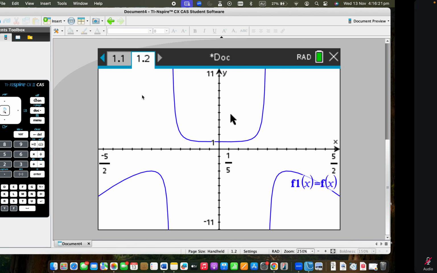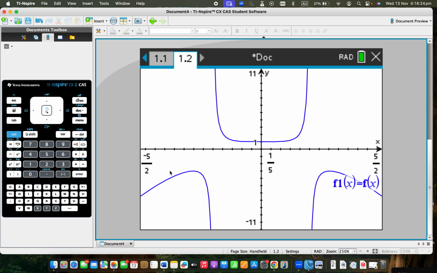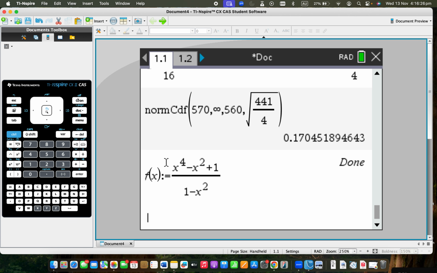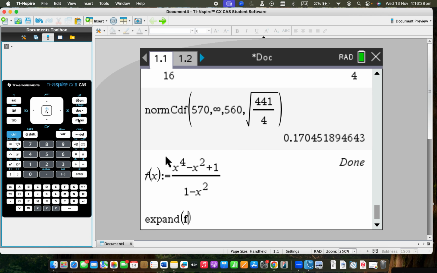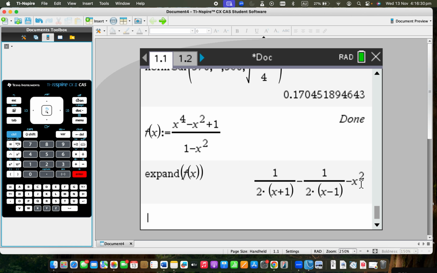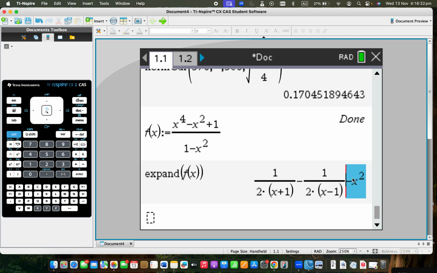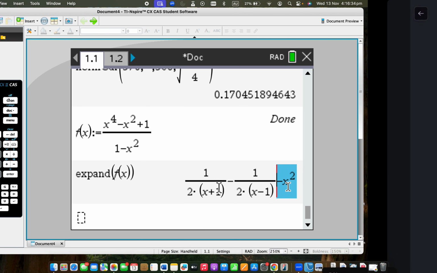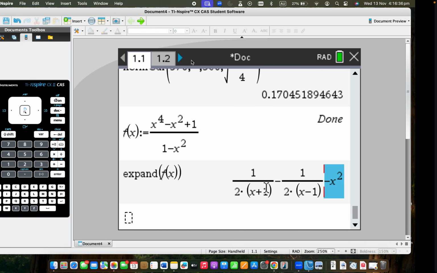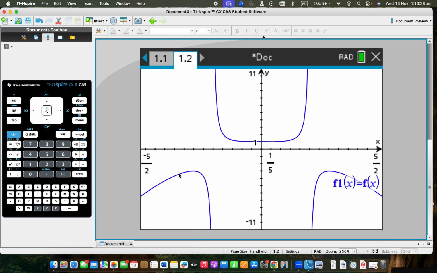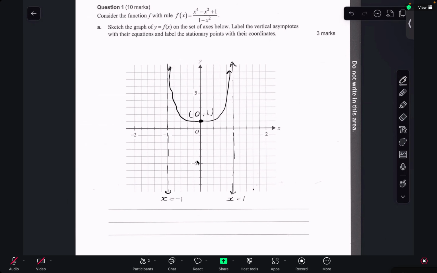And then what other asymptotes do we have? We have an asymptote here, but that's the functional asymptote. So what you can do is you can expand f of x, and it should be a y is equal to -x² asymptote, I think. Is that right? Yeah, I think it is. So -x² will go -2 and -4, right?